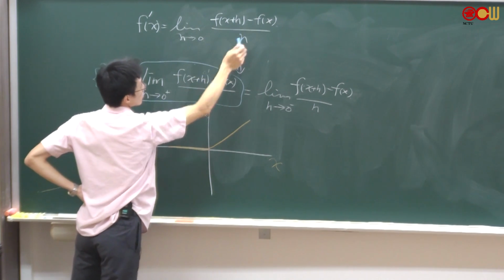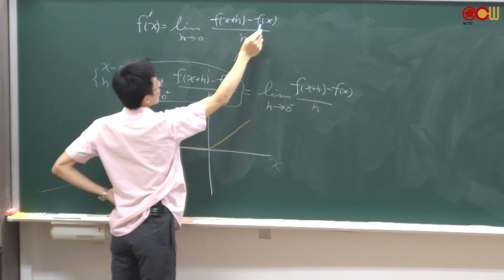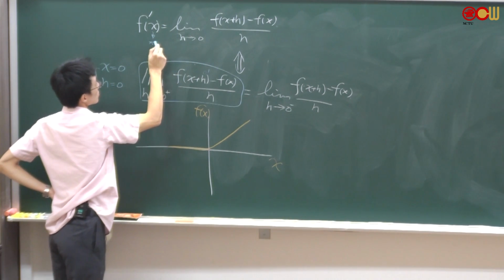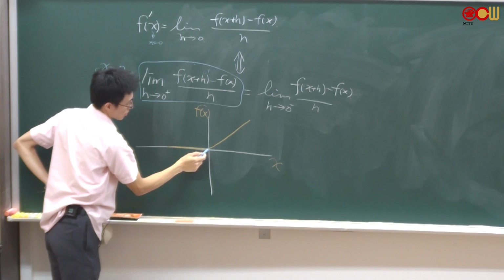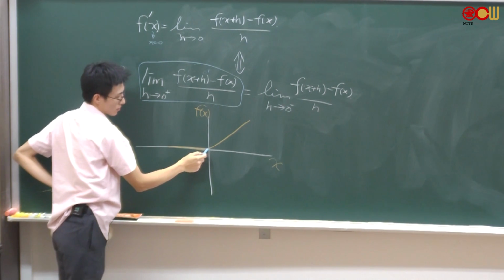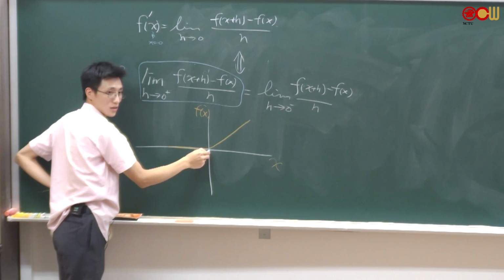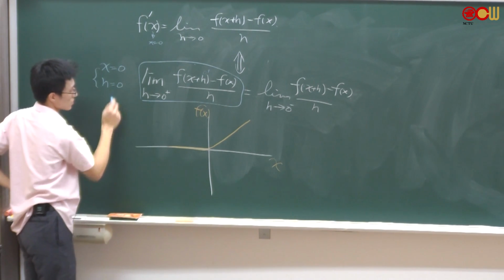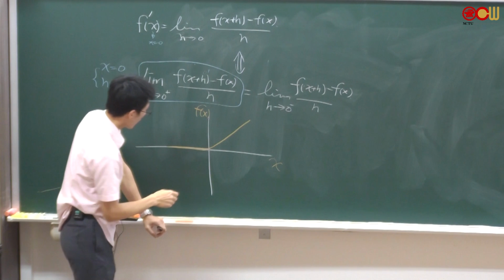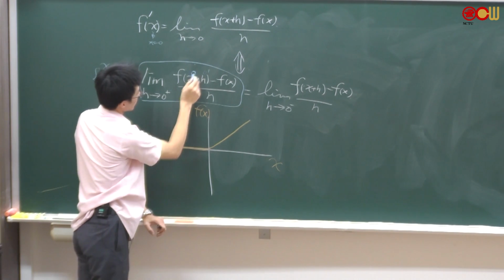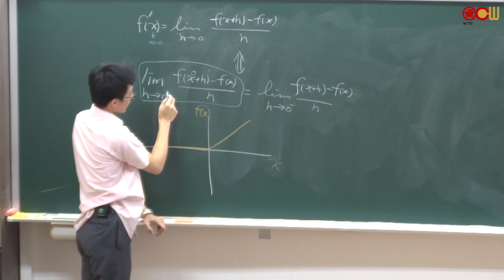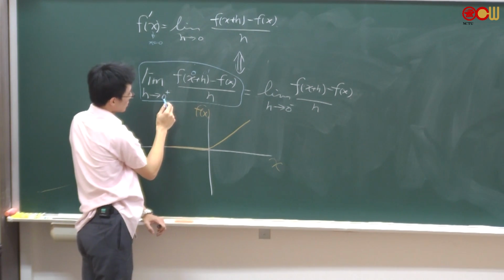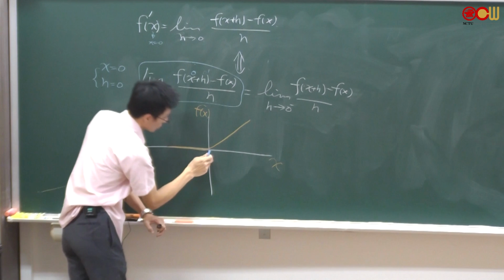Okay, we evaluate. So here it means we want to evaluate the derivative at x equal to 0, right? Which is here. We want to evaluate if the function at here is differentiable or not, right? So x is 0, h is 0. So at x is 0, and h is on the right-hand side of 0, it means it's a little bit greater than 0, which is here.